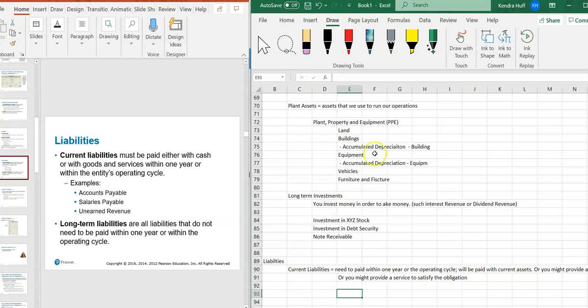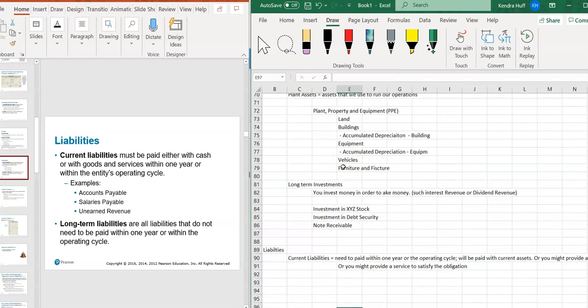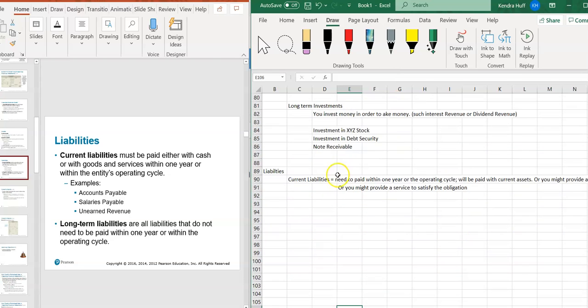All right, so current liabilities typically include accounts payable. Really, almost anything with the word payable after it that has to be paid pretty quickly. Most current liabilities are paid within like 30 days. Some might take a little bit longer, but for the most part, they're pretty fast.